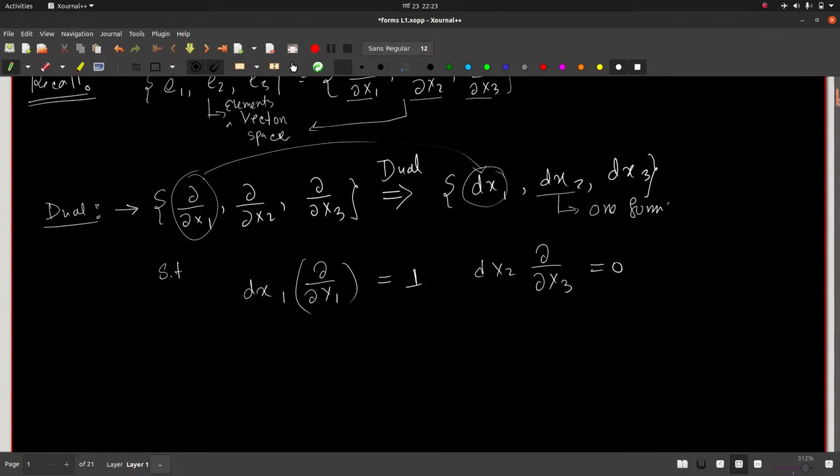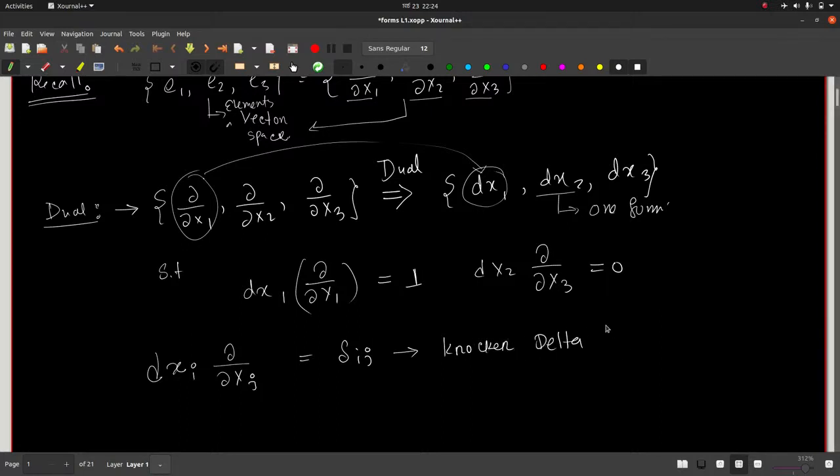So in a more compact notation, using the multiplication that we defined at the very beginning of the lecture, in the definition of a one form, dxi acting on the partial with respect to xj will be equal to delta ij, and this is known as the Kronecker delta.